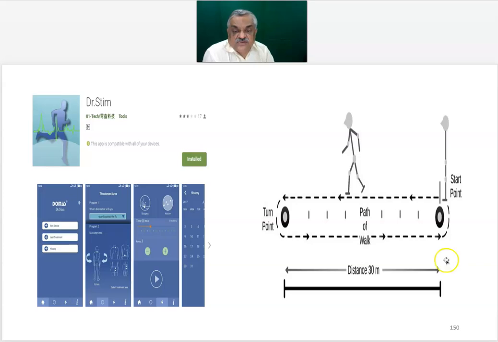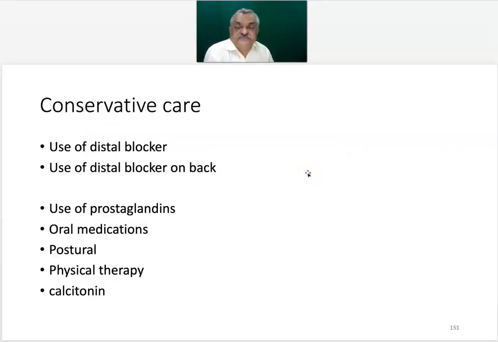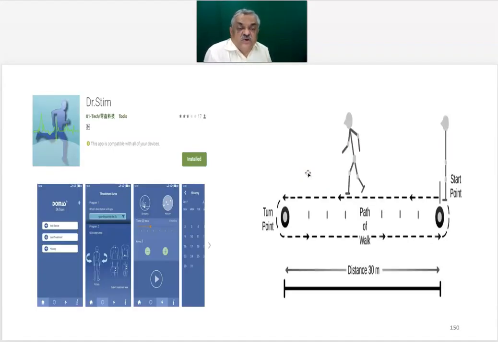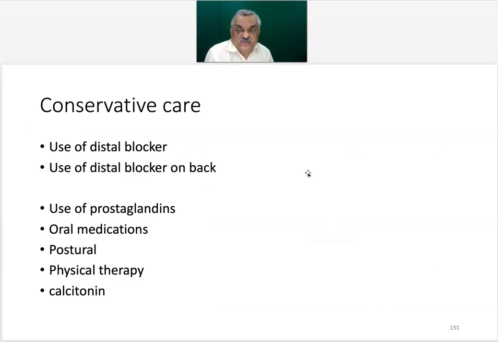The second thing which we do is we can also use this peripheral stimulator, which is a part of our conservative treatment, but similar gadgets are available for assessing the walking ability of the patient. Now this measuring of walking ability and this gadget which has been shown in this picture, both are used for conservative care.